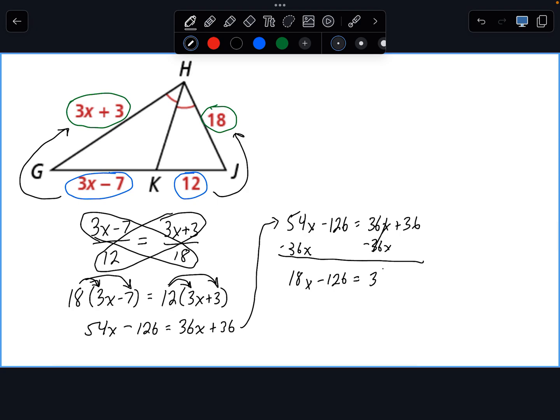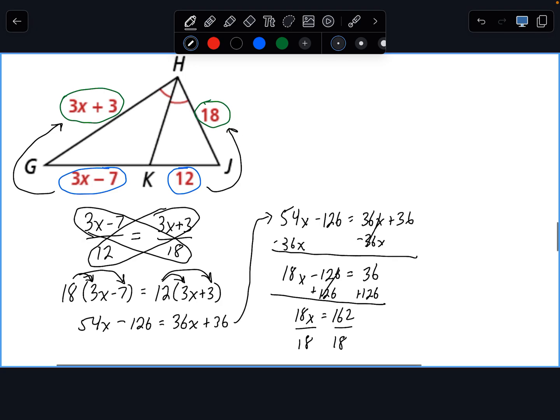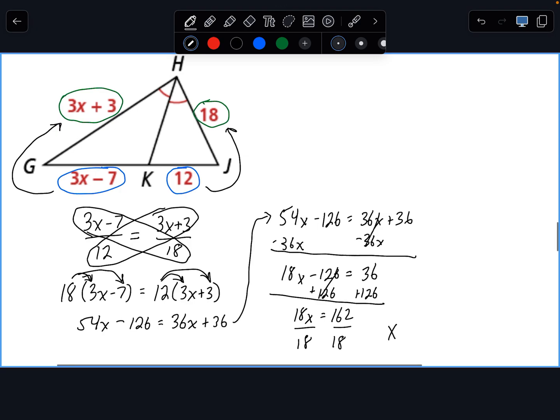That cancels out, and I'm left with 36 on the right-hand side. Now I'm going to add 126 to both sides. Just our normal algebraic solving process. It's going to cancel, and I get 18x equals 162. Divide both sides by 18, and we get an x value of 9.